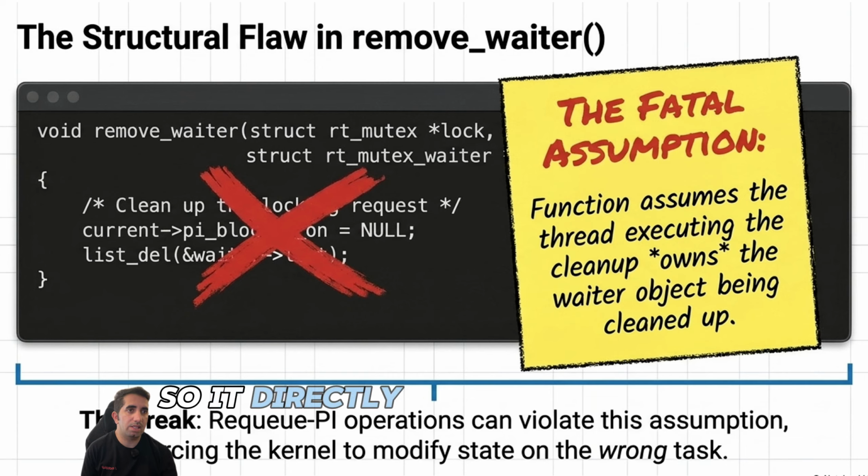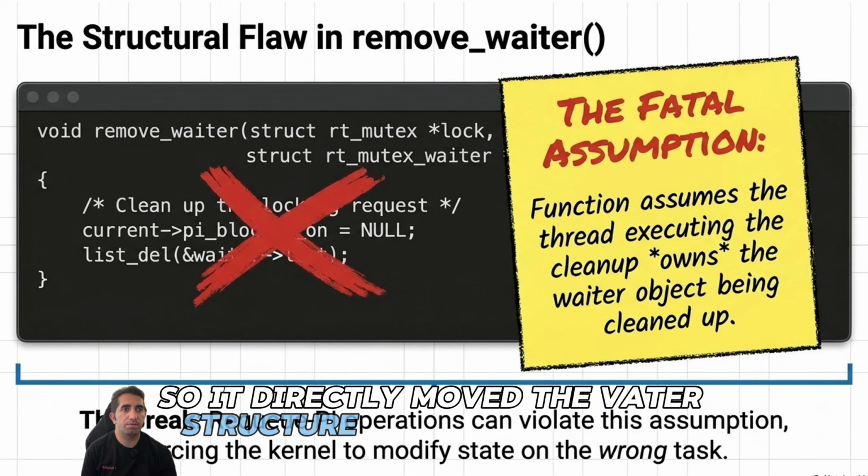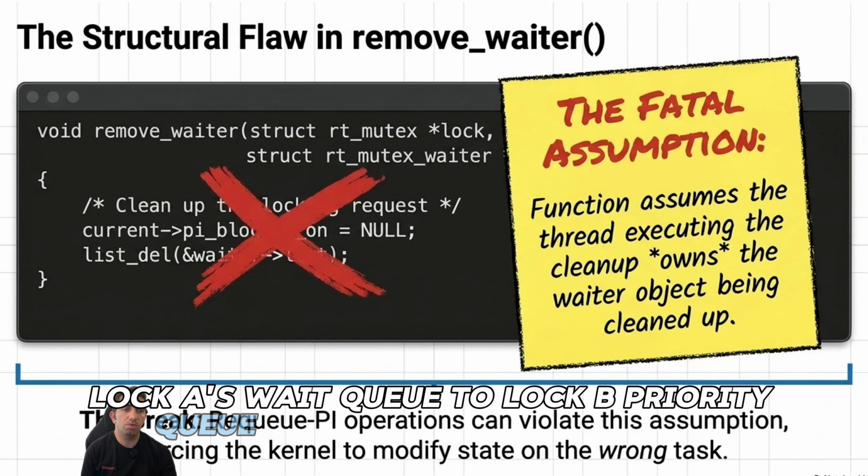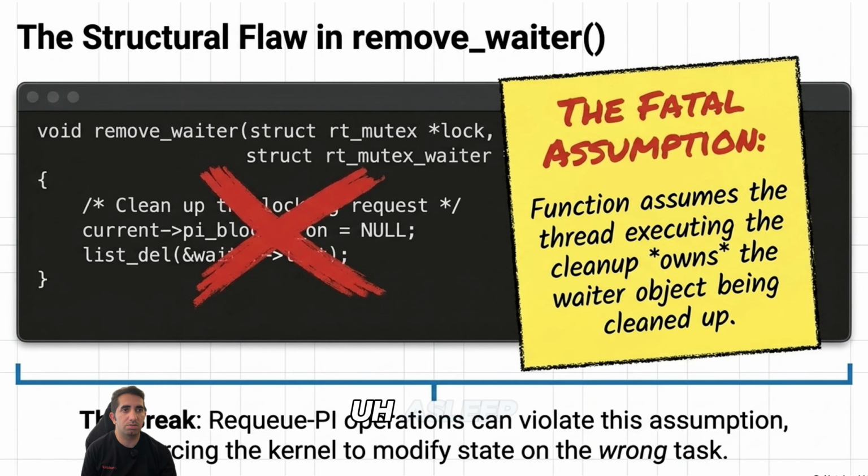It directly moves the waiter structure from lock A's wait queue to lock B's priority queue while the thread remains asleep.